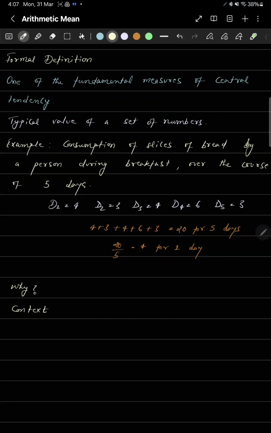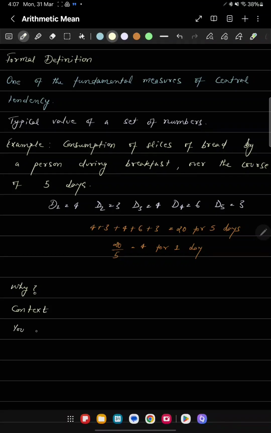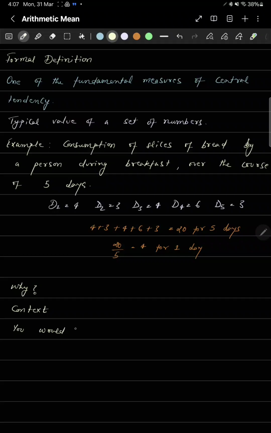So in our case, you would have to buy a minimum of 4 slices of bread to satisfy that person.